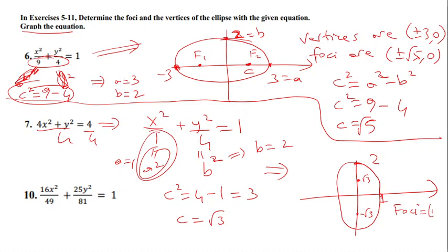And the vertices will be the endpoints of the major axis, and the major axis is this one here, the long one. So the vertices will be 0, 2, and 0, minus 2.